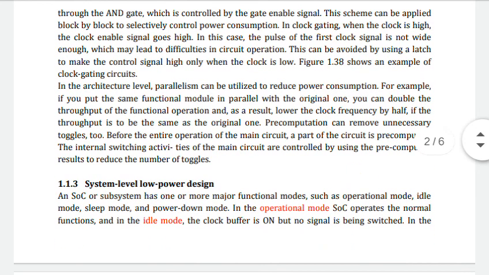So the clock frequency will be reduced to half if the throughput is the same as the original one.